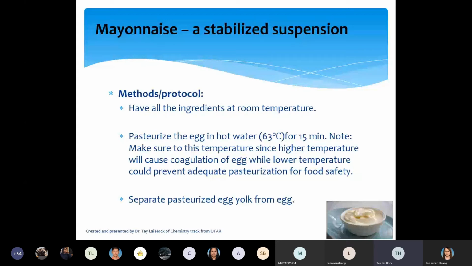So we try to prevent it. We are not making any soft boiled egg. You just want to pasteurize your egg only. But when you go lower than 63 or 60 degrees, one of the worst things is that you are preventing adequate pasteurization. So therefore, in food safety, it may not pass. So try around 63 degrees, if possible.